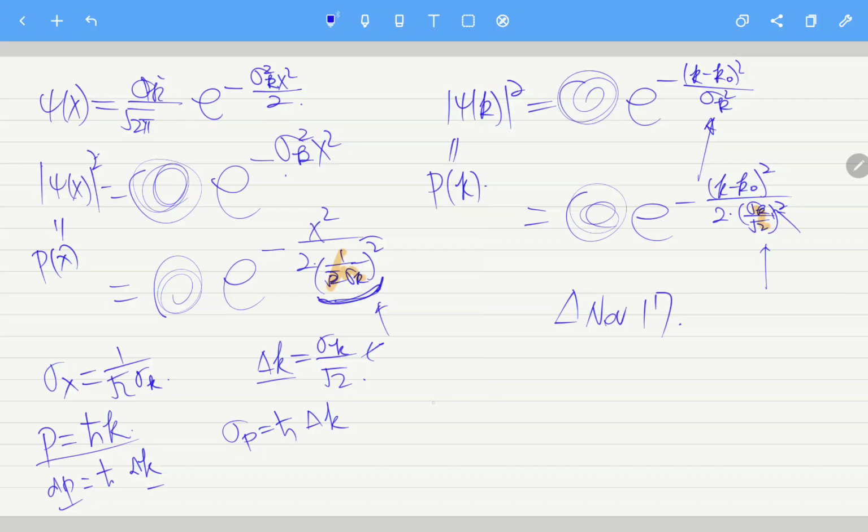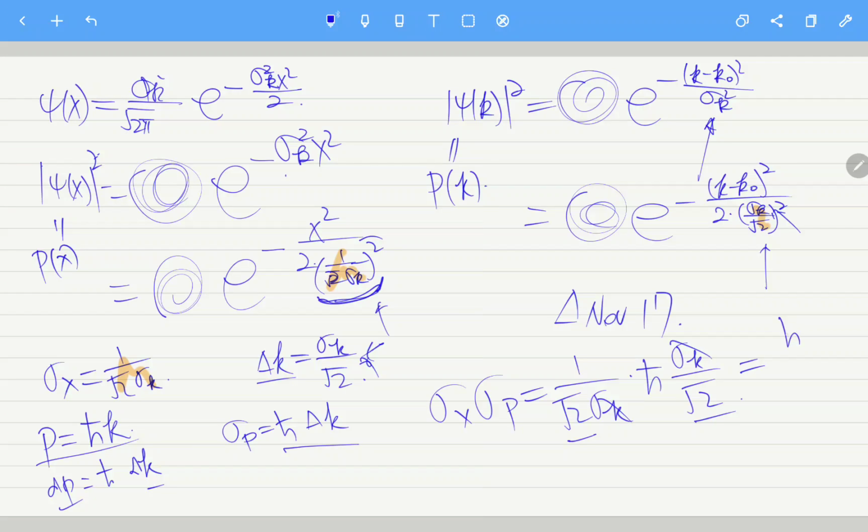So finally, we have sigma x times sigma p, where sigma x is 1 over the square root of 2 sigma k, and sigma p is h bar times delta k, which is sigma k over square root of 2. Sigma k and sigma k cancel each other, and the square root of 2 cancels as well.